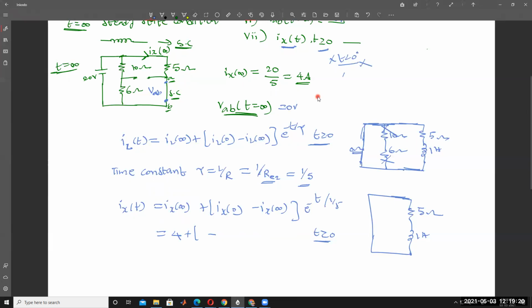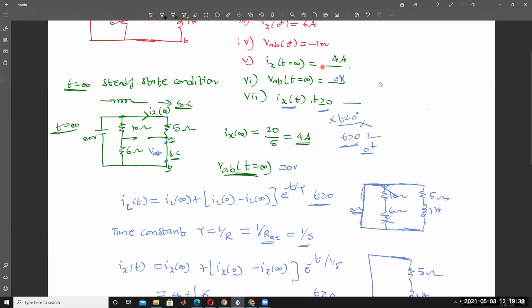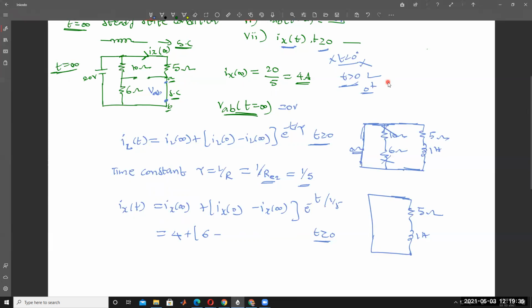At t is equal to 0 plus, ix of 0 plus is 6. Ix of 0 plus is equal to 6, ix of infinity is equal to 4, and then e power minus 5t. So 4 plus 2 into e power minus 5t, for t greater than or equal to 0. This is the expression.